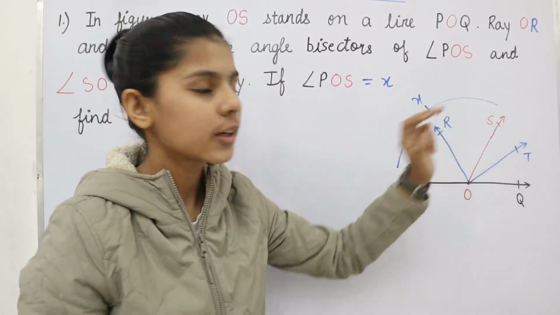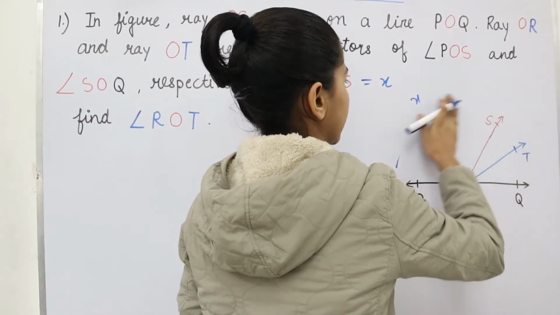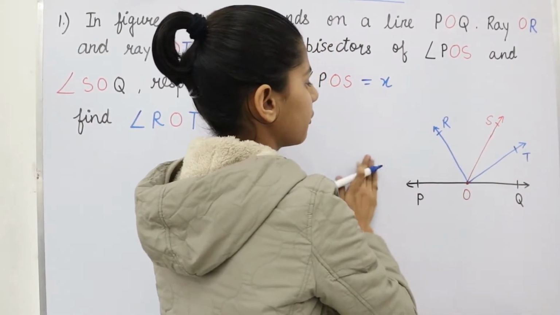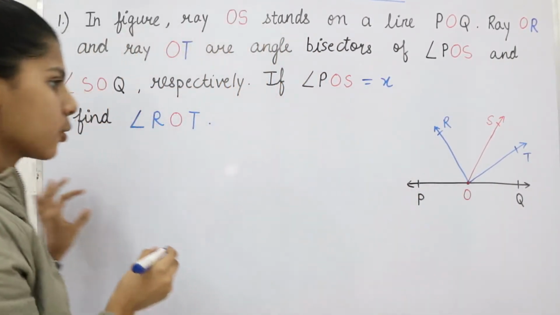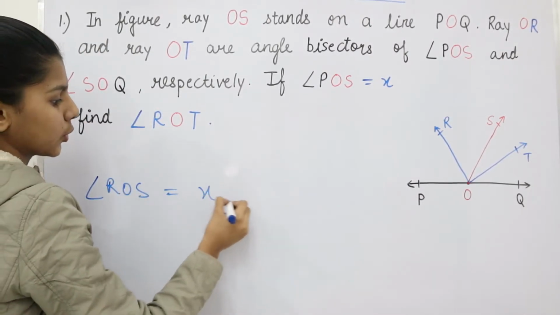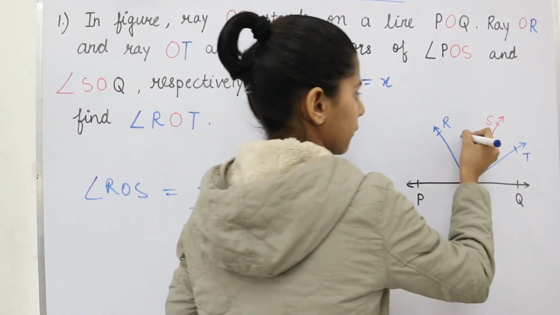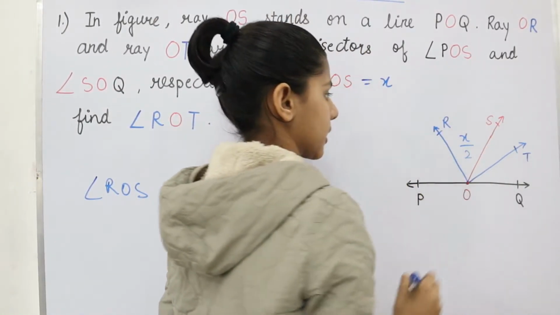So ROS will be X by 2, because this complete angle is X. So the first half, angle ROS, is equal to X by 2. First half we have calculated. We will write it here, X by 2.